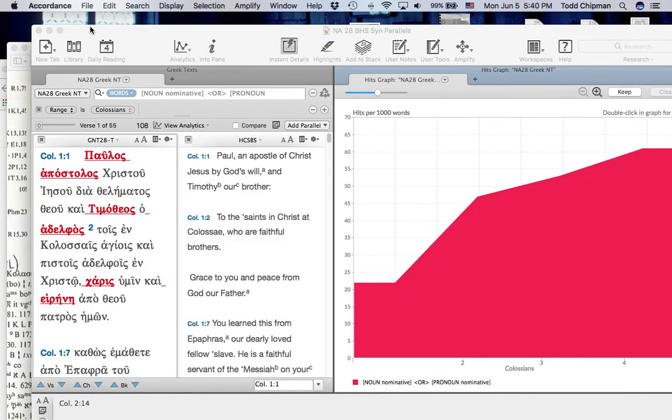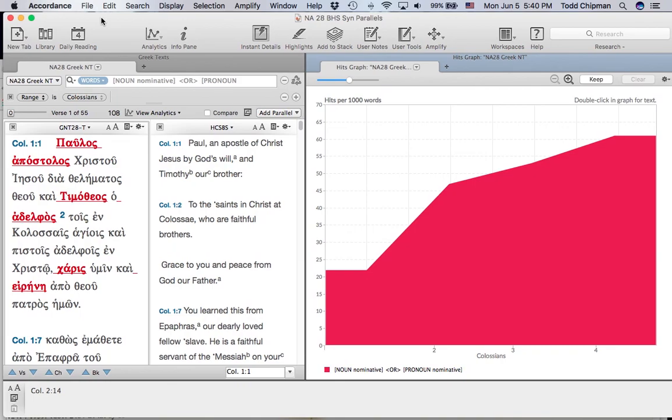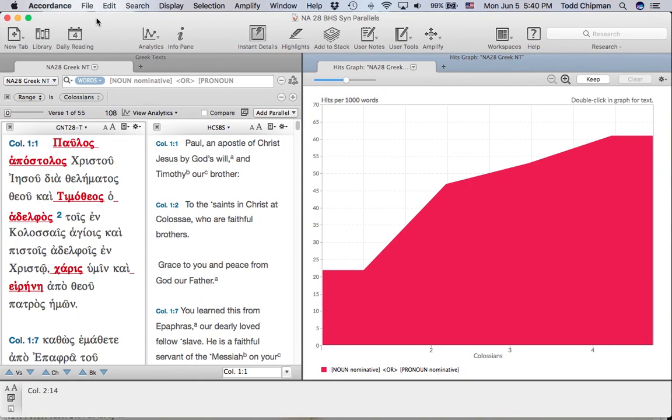I want to note with you some patterns here in accordance. Here are the nominatives, both nouns and pronouns, you can see in Colossians. And notice how much more frequently they occur toward the end of the book.